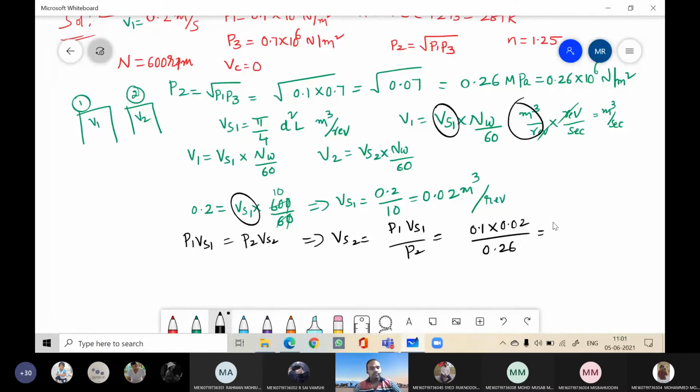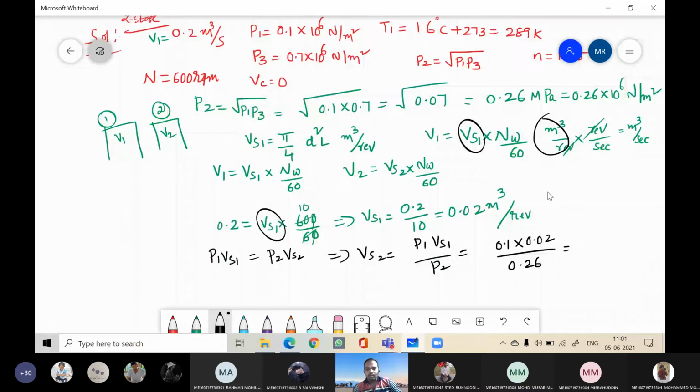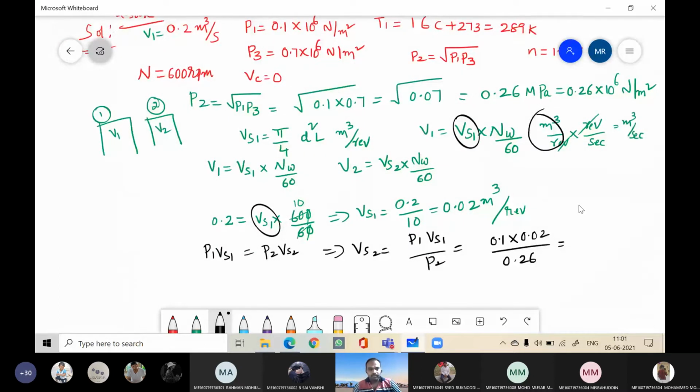VS2 is 7.69 into 10 power minus 3, that is 0.00769 meter cube per revolution.